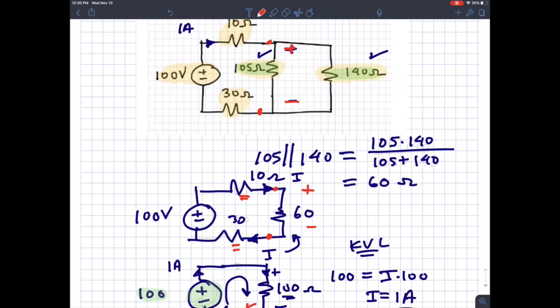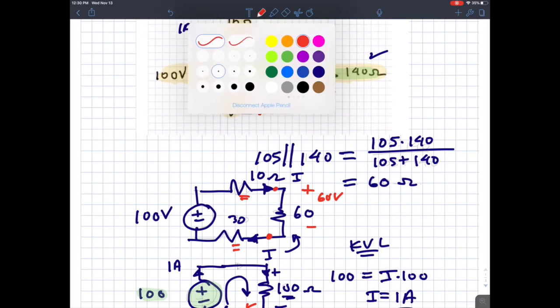That voltage would be V times I, with I being 1 amp, so this is 60 volts. So both these resistors have 60 volts across them, and that lets me calculate the power.